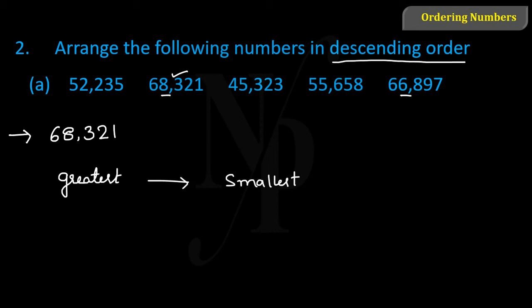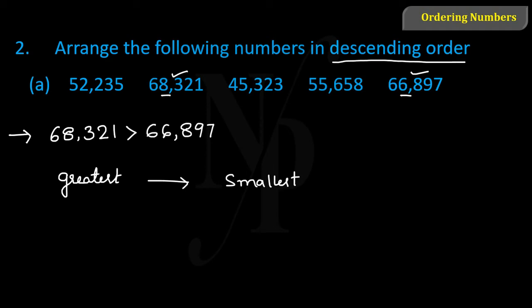So we will write down this number in the second place, that is 66,897. We will put a greater than symbol here. 68,321 is greater than 66,897. We had written this number also, and we will compare the remaining three numbers.